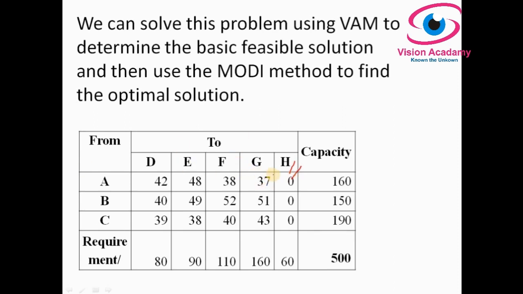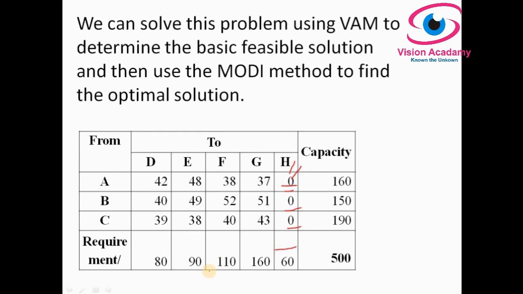Look here, I have not added any values for the dummy variable, only zero transportation cost, so the value won't increase or decrease by adding zero transportation cost. Only the requirement I have matched up here.